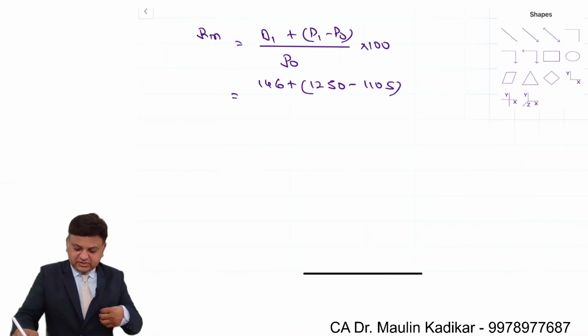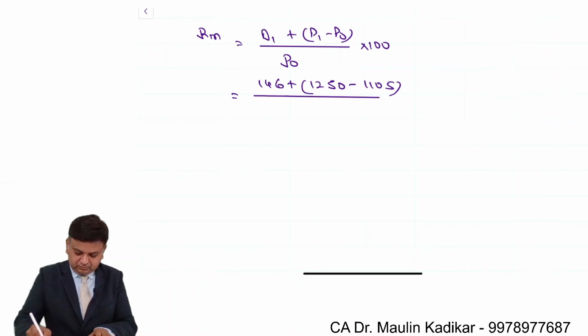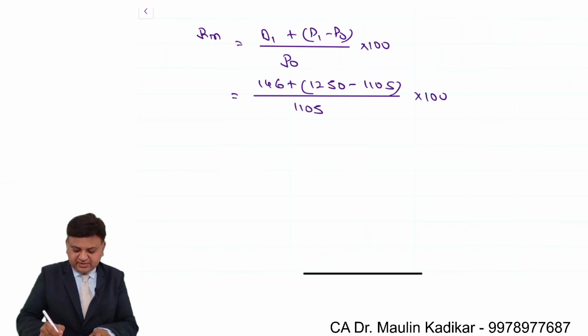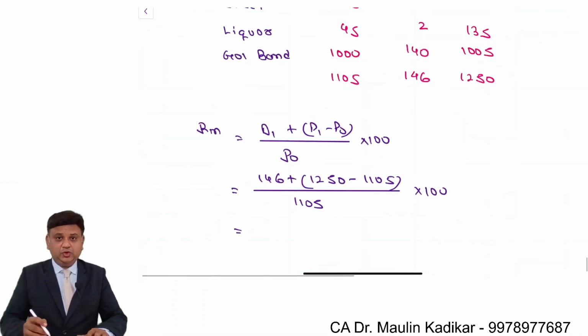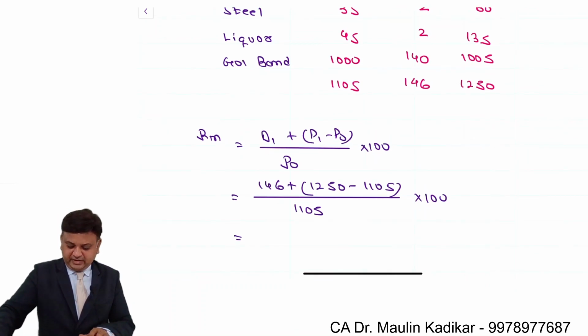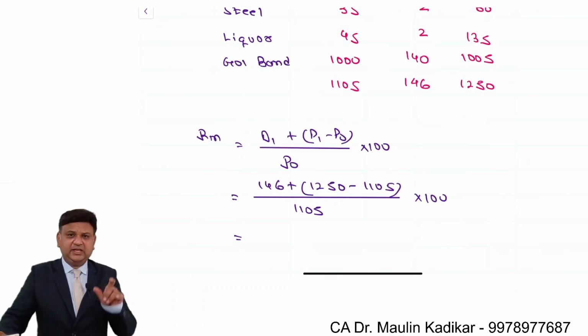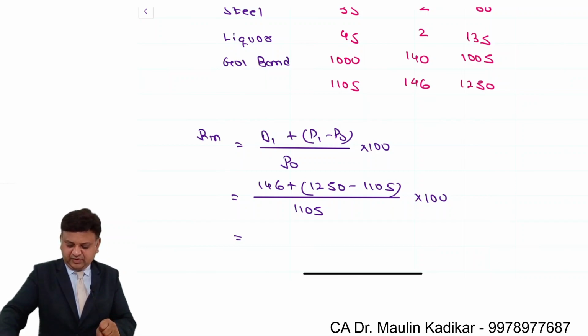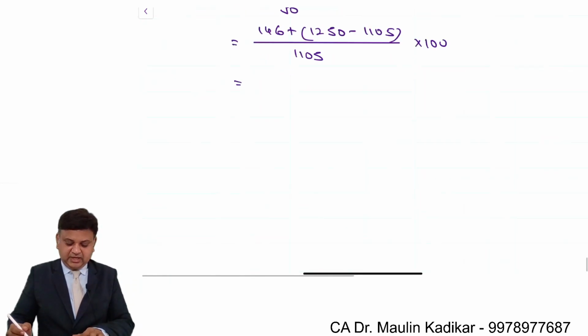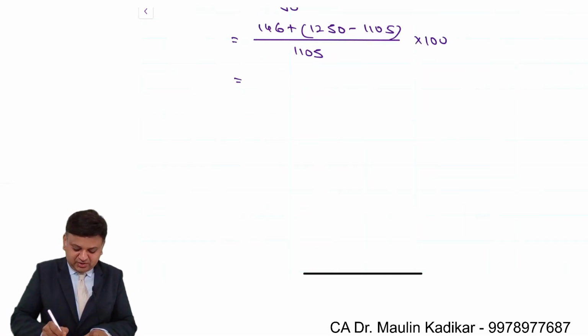Whole divided by 1105 into 100 for getting answer in percentage term. So use your calculator. 1250 minus 1105 comes to 145 plus 146, that is 291 divided by 1105 into 100, and the answer is again 26.33%.